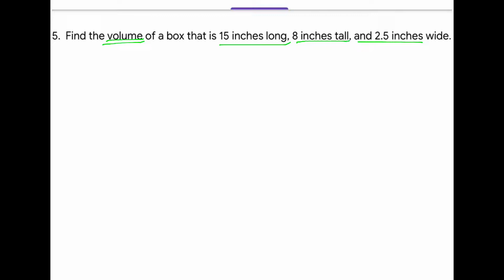So we know volume equals length times width times height. All you have to plug in is your length. Look at your width is over here. And tall means your height. Height is how tall you are. And find your volume.